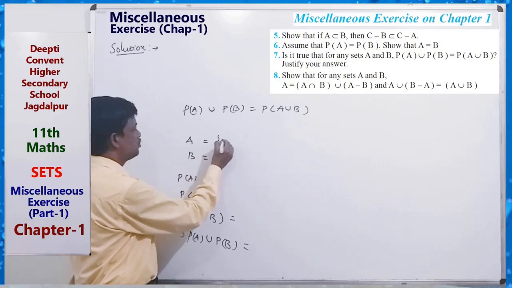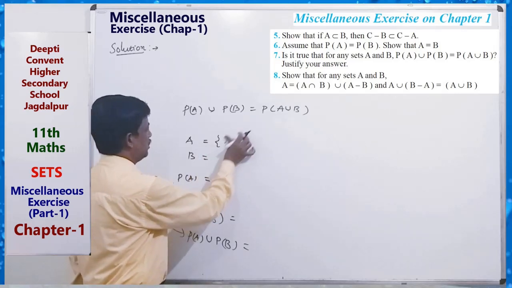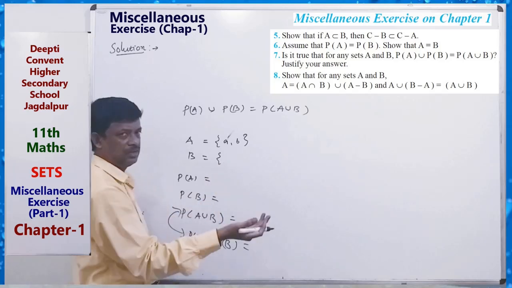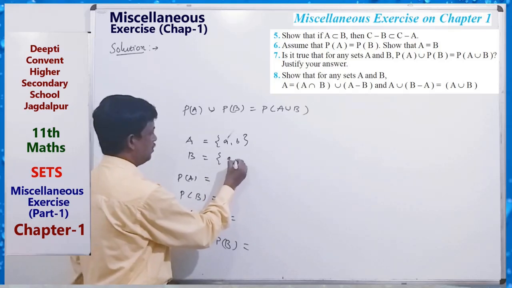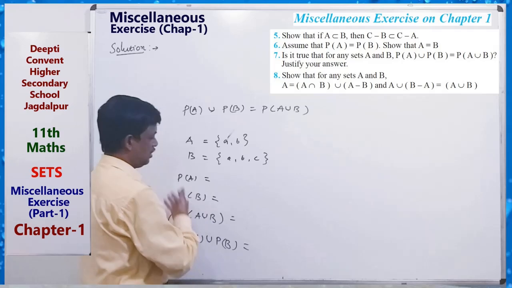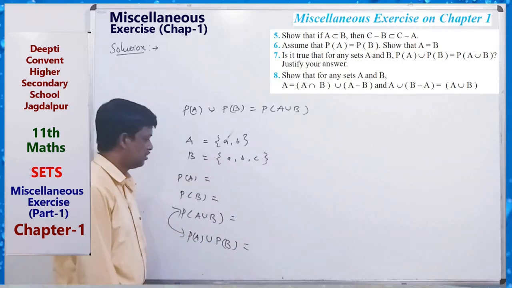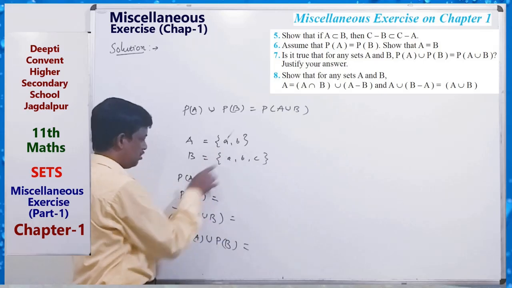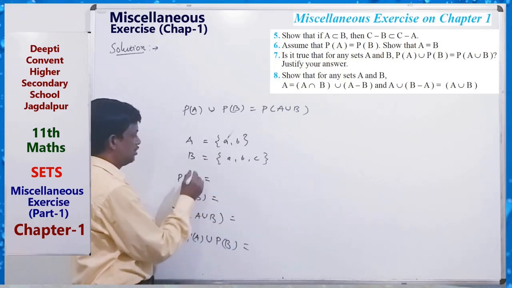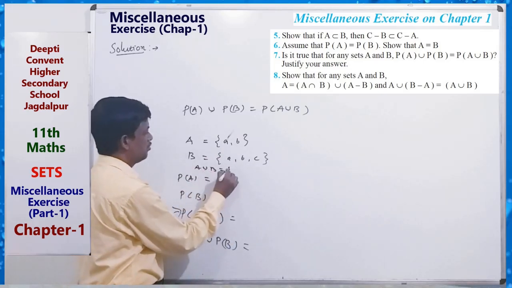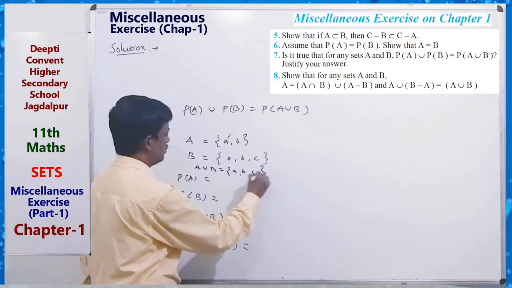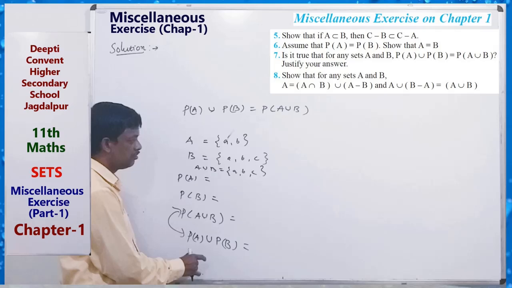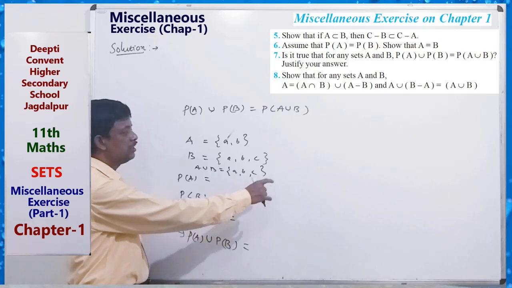You can take A equals 1, A, B, and take another A, B, C, and you can get the subsets. P(A) is what? Subsets of all this. A union B means what? A, B, C. Subsets of all these. Then the union of this you can get.